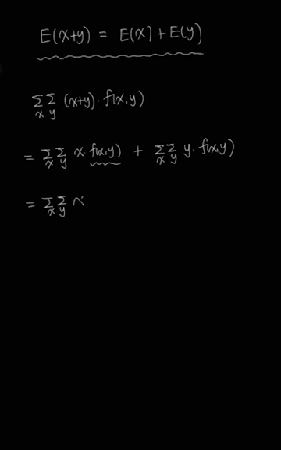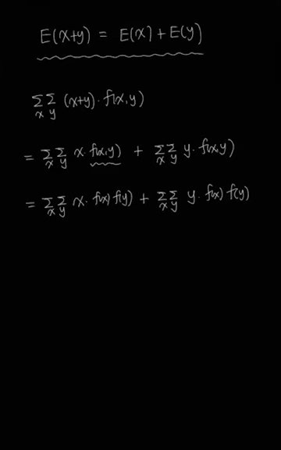So we can rewrite this as the probability of x and the probability of y, and then the summation over x, summation over y of y times the probability of x and the probability of y.